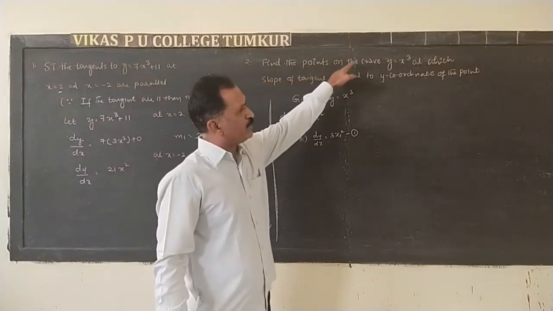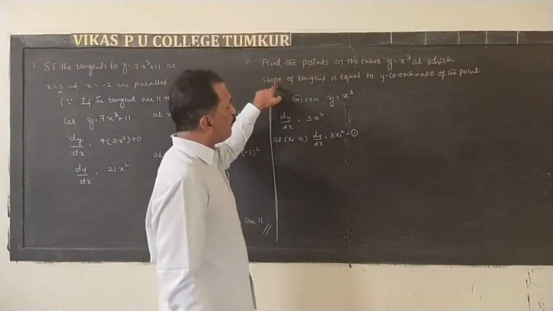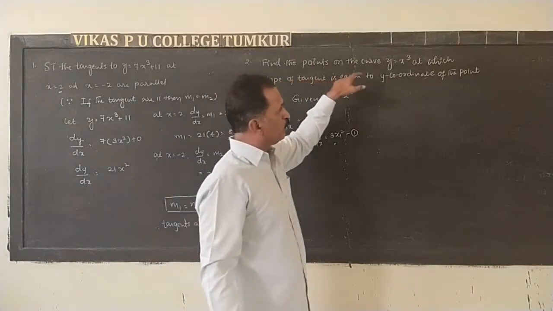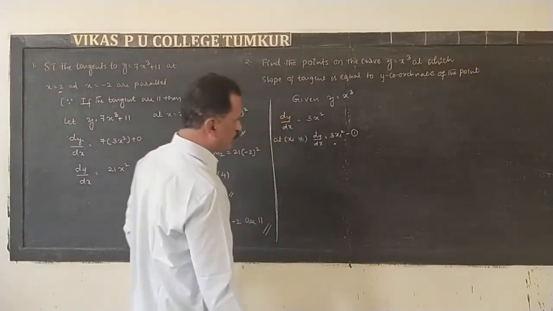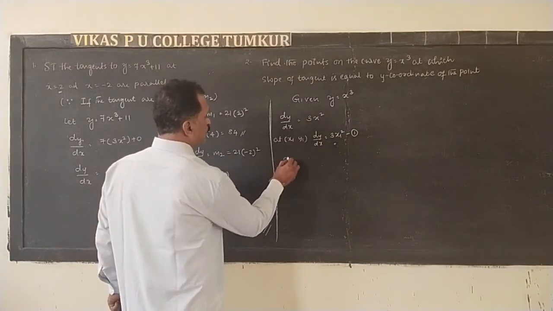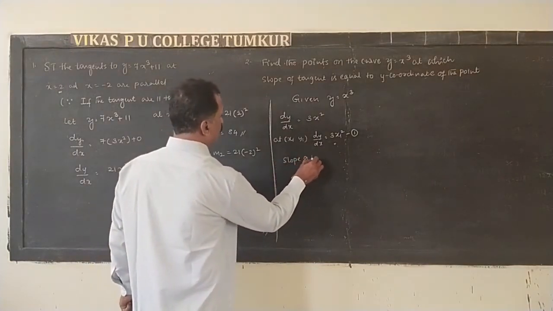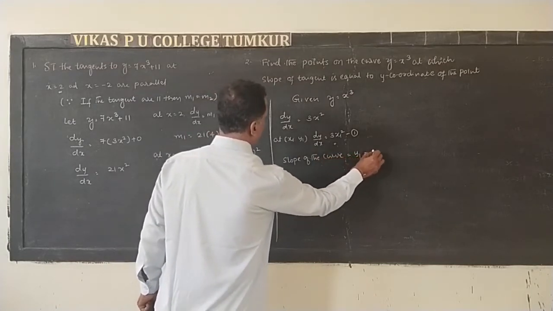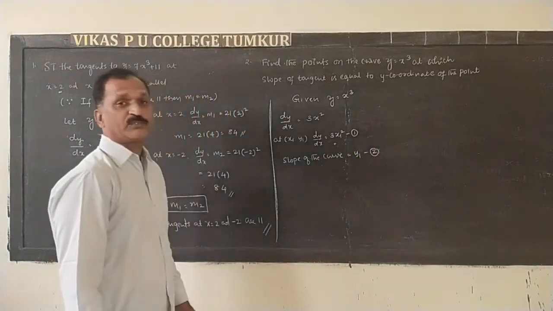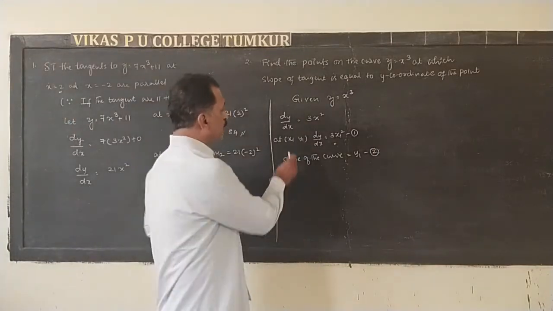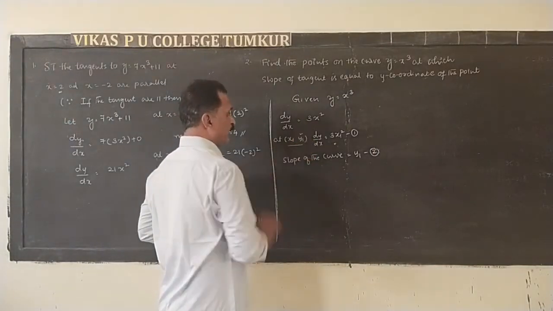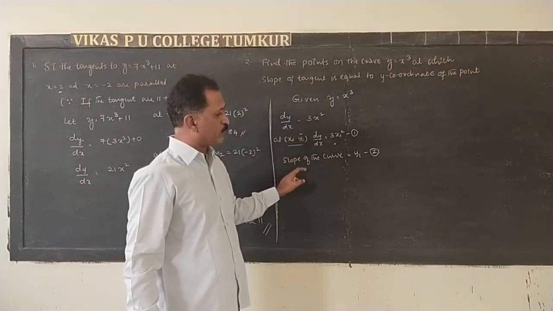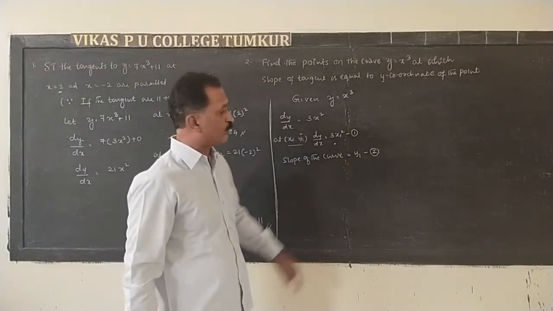Find the points on the curve at which the slope of the tangent should be equal to y coordinate of the point. Therefore, slope of the curve is equal to y1 anta ಕೊಟ್ಟಿದ್ದಾರೆ. ಏನು ಕೊಟ್ಟಿದ್ದಾರೆ? ಇಲ್ಲೇ ಕೊಟ್ಟಿದ್ದಾರೆ. ಈ ಪಾಯಿಂಟ್ ಅಲ್ಲಿ y ಕೋಆರ್ಡಿನೇಟ್ ಎಷ್ಟಪ್ಪ ಅಂದ್ರೆ y1 ಇರುತ್ತೆ. Slope of the tangent is equal to y coordinate, that is, slope of the tangent is equal to y1.